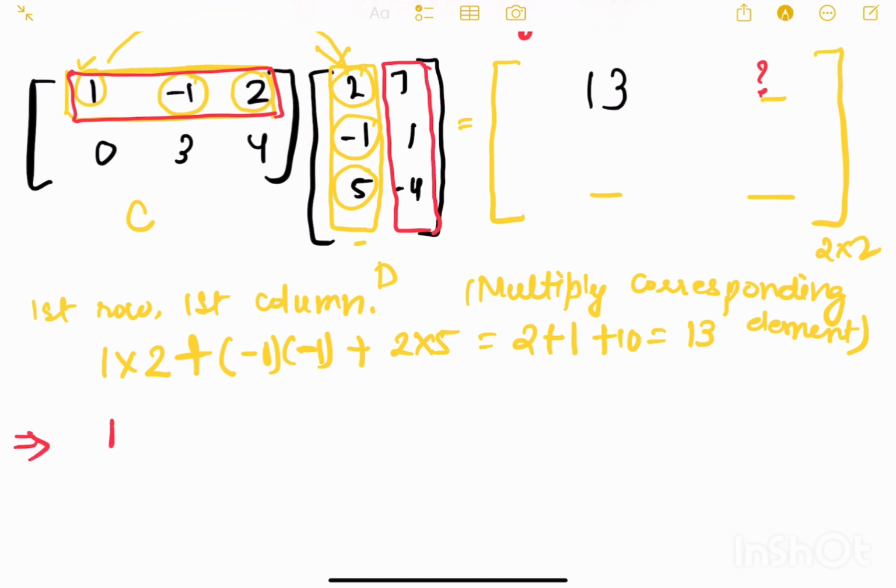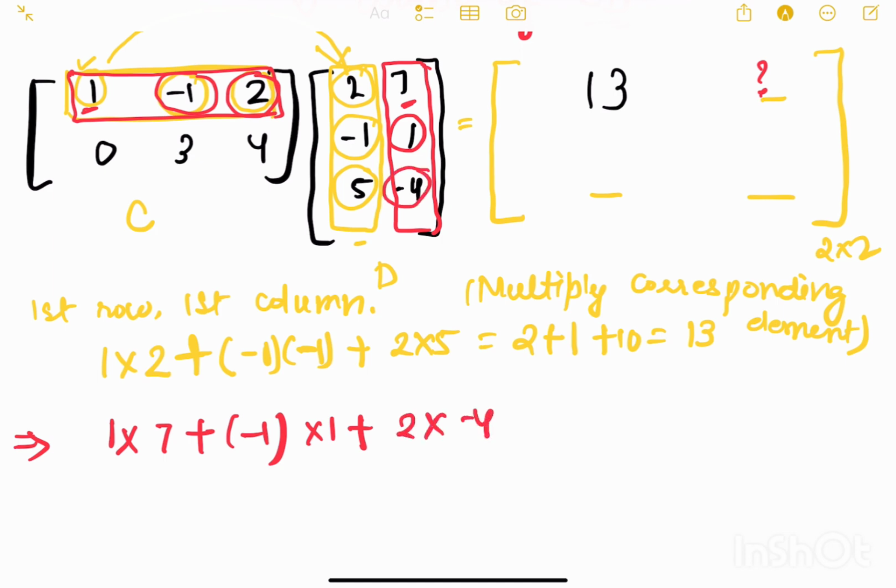I will just write 1 multiplied by the first element of the column 1, plus the second element is minus of 1 and the second element is 1 again, plus the third element is 2 multiplied by minus of 4 because I have a minus 4 here, right?